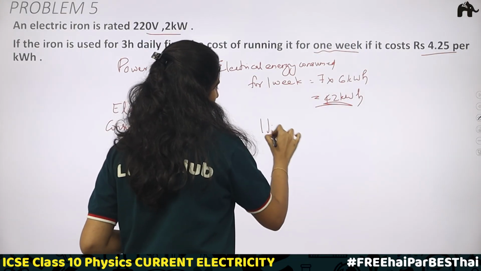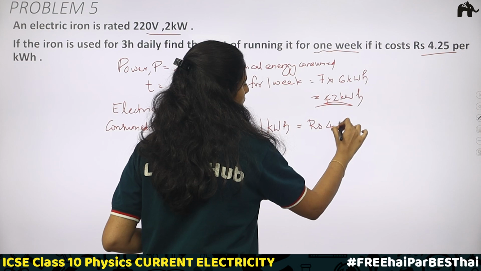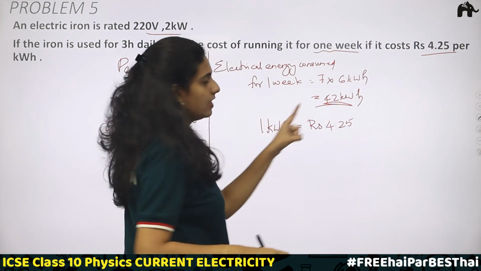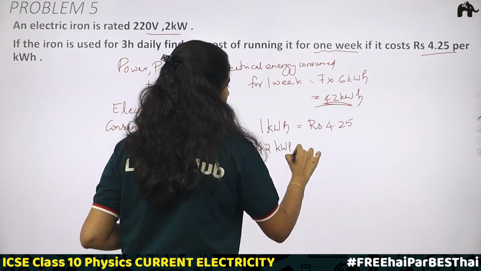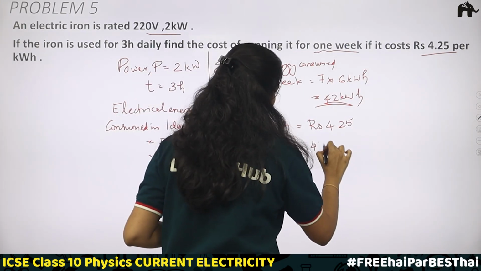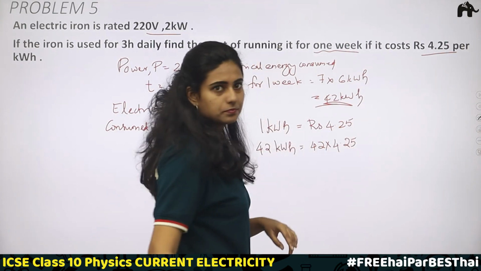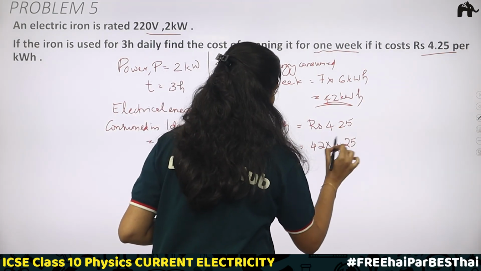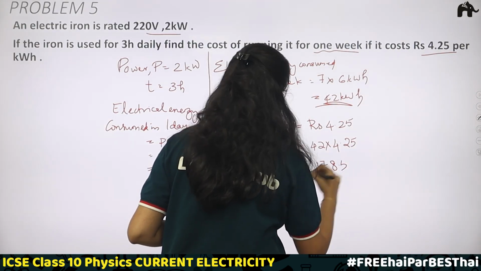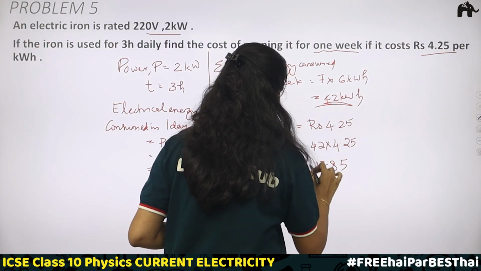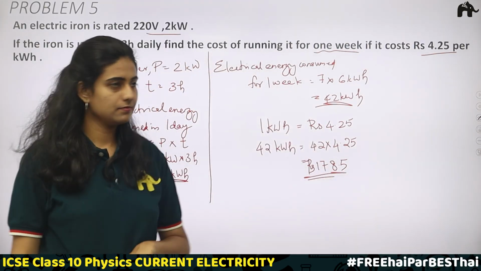For 1 kilowatt hour or 1 unit the price is rupees 4.25. Here we have 42 kilowatt hours, so the price will be equal to 42 into 4.25. When you multiply, you get 178.5. So this is the total cost, rupees 178.5.